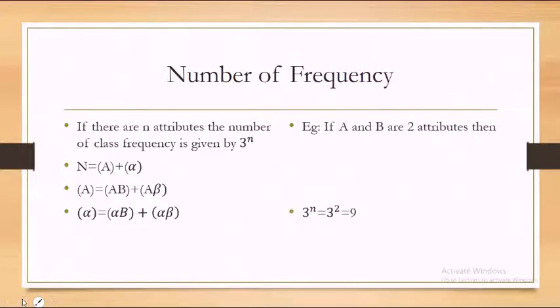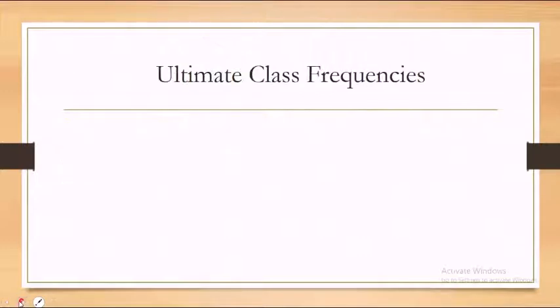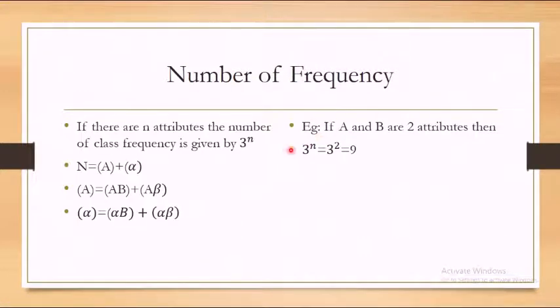It is 2. So you can write this formula as 3 raised to n, which is equal to 3 raised to 2, and that is equal to 9. Just keep this in your mind. We will come back to this.